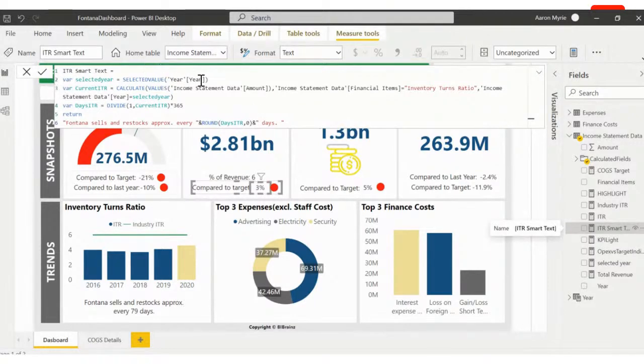So it takes the selected year, which is 2020, calculates the inventory turn ratio, pulls the inventory turns ratio for that selected year, and then divides 1 by it and multiplies it by 365 days to get Fontana's restocking period. And that's it.